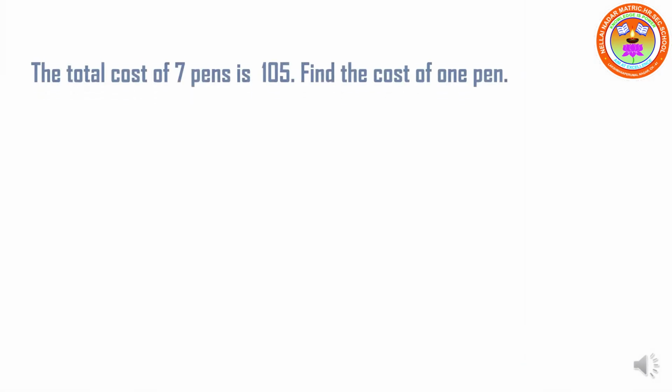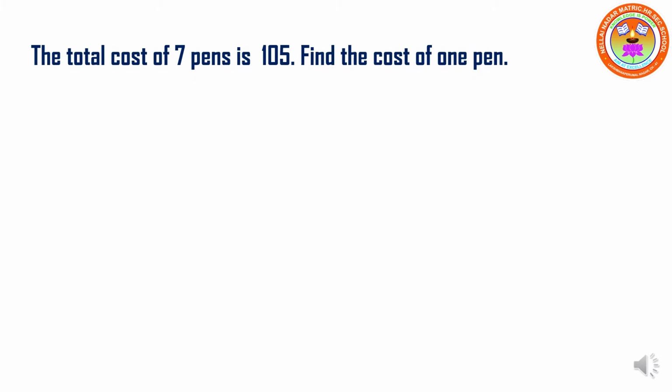Next question. The total cost of 7 pens is 105 rupees. Find the cost of 1 pen. Children, in the previous question, we were asked to find the cost of many chairs given the cost of 1 chair. But here they have given the cost of 7 pens and we are asked to find the cost of 1 pen.